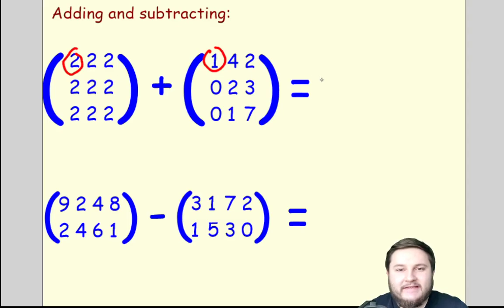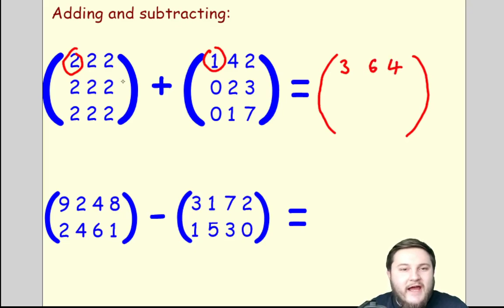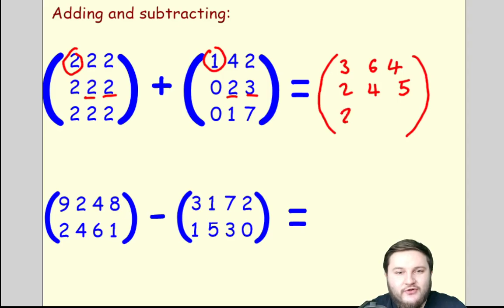In this case, we're going to have a 3 by 3 matrix as our final answer, and the top row is going to be 3, 6, 4, then 2, 4, 5, because I'm just adding the numbers that are in the same positions, and then the bottom row is going to be 2, 3, 9, and that's the final answer.